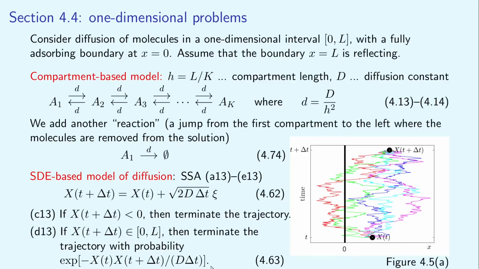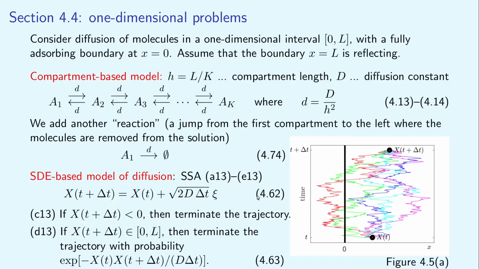This is explained in figure 4.5a, where the time t is on the vertical axis. This is the position at time t and this is the position at time t plus delta t, calculated by equation (4.62). In this simulation, you can see that both positions at time t and time t plus delta t are inside the simulated domain.